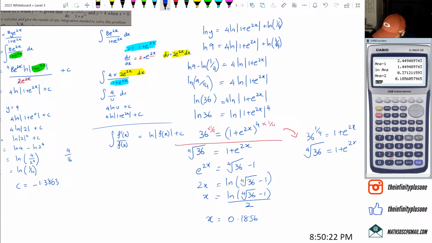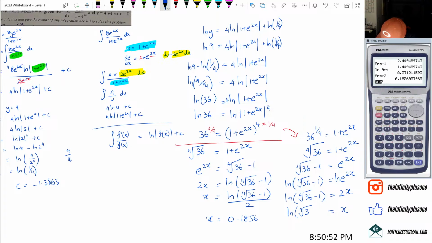And then I've written it as 1 plus e to the power of 2x. Next, I went fourth root of 36 minus 1 equals e to the power of 2x. Now I want to have x by itself, so I took logs of both sides. So ln of the fourth root of 36 minus 1, and if I take log and exponential, they cancel out. So I'm left with just 2x. Then I can say that x is equal to ln of the fourth root of 36 minus 1, divided by 2. It's just doing a couple of extra steps there.